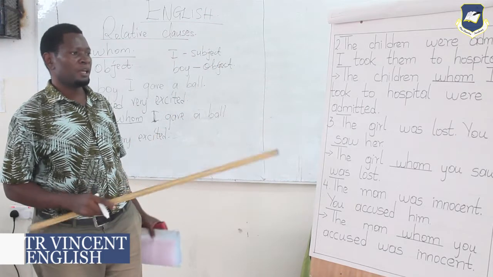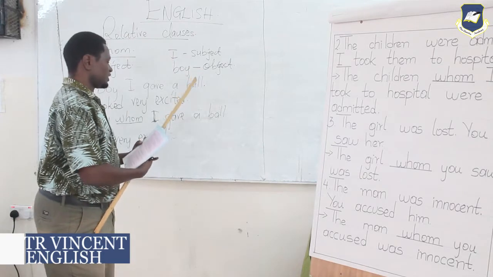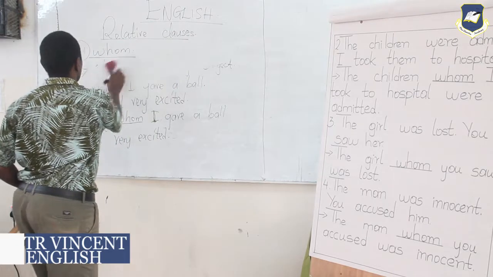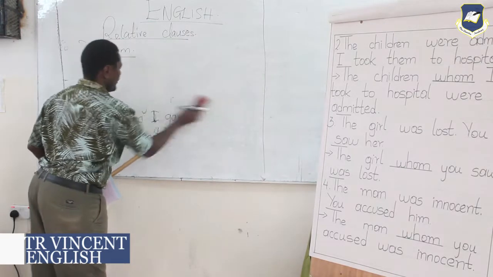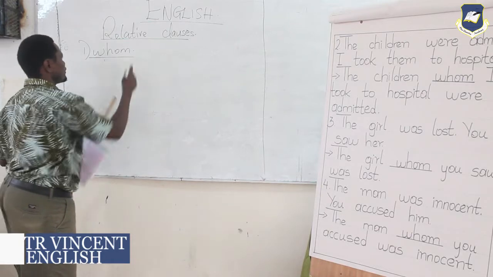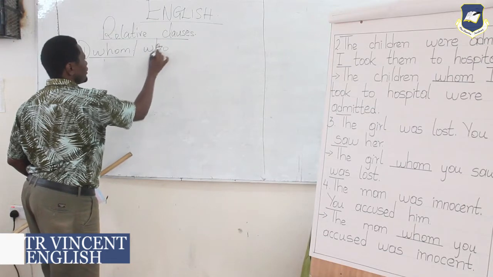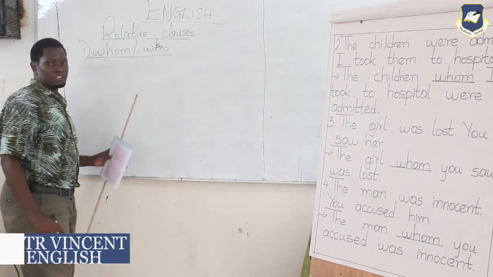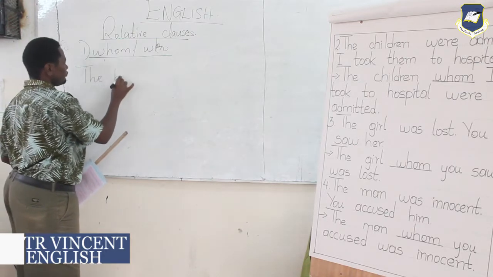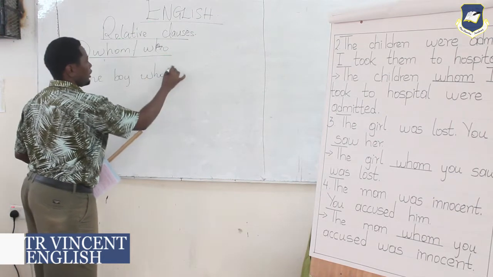So just as we wind up, remember I have said these two relative words, whom and who, are used in different ways. You can't use them in the same way. Like I have concluded, the boy who I saw.